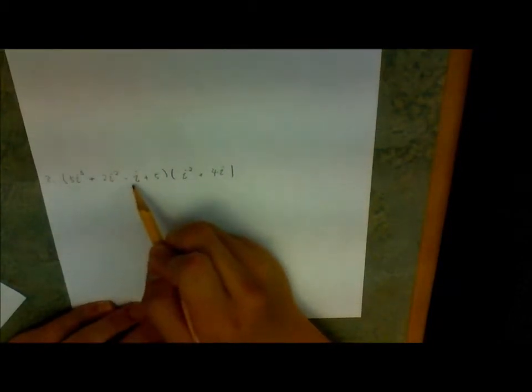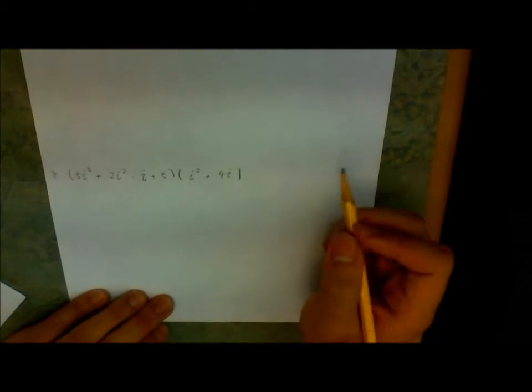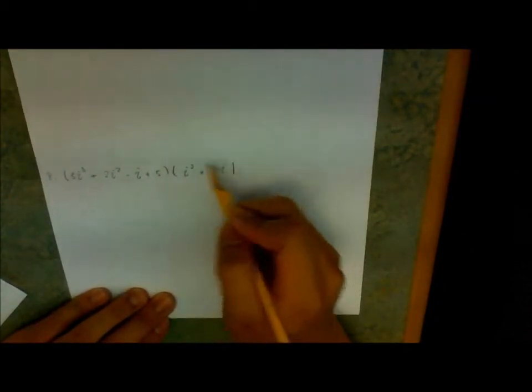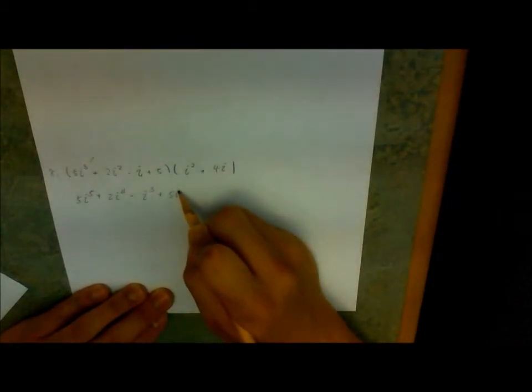So you have 5i cubed plus 2i squared minus i plus 5 times i squared plus 4i. You want to distribute this into each term. Which is going to give you 5i to the 5th plus 2i to the 4th minus i cubed plus 5i squared.